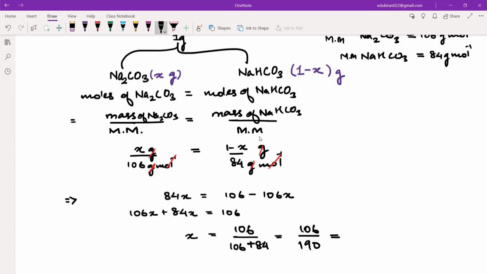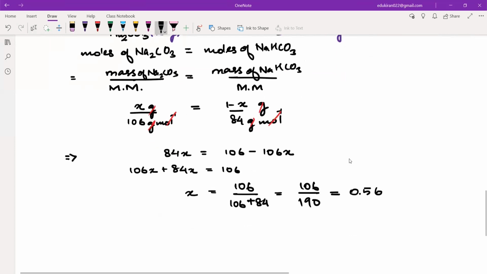Calculate this. This will be equal to 0.56 or something. Yes, it will be 0.56 only, I think. So it is 0.557, which will round to 0.56. Yes, sir. So this is the value of x.